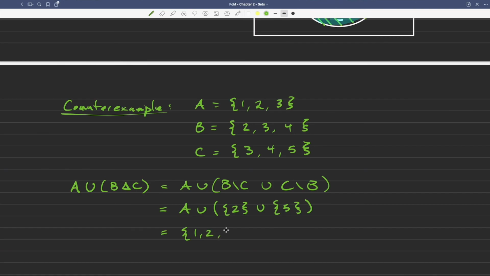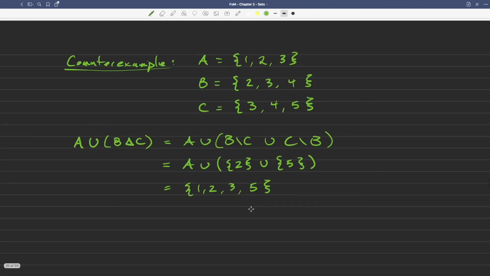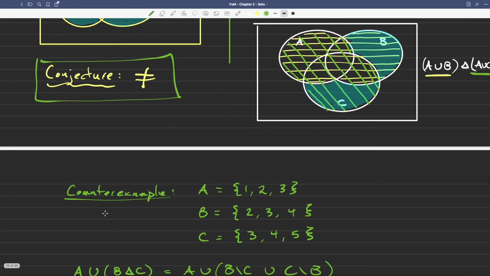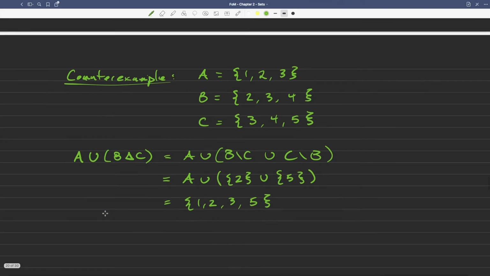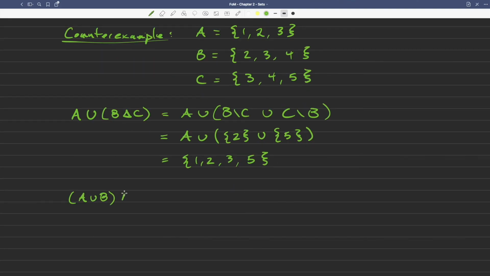1, 2, 3, 5. And then we can see the other side of that equation, which was A union B triangle A union C. So A union B is 1, 2, 3, 4.